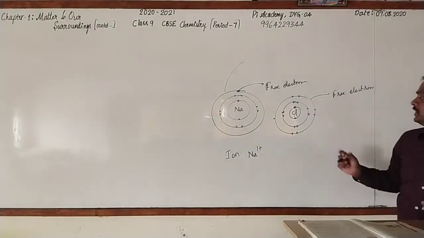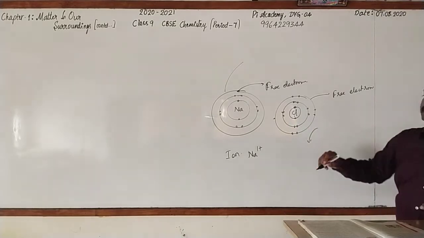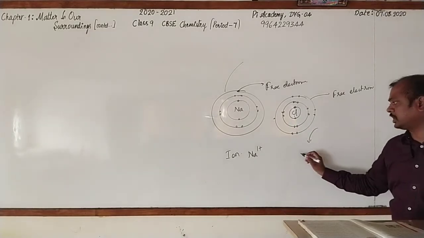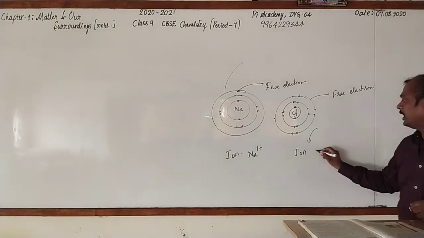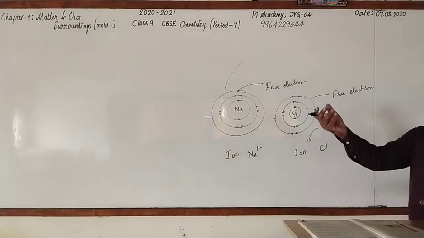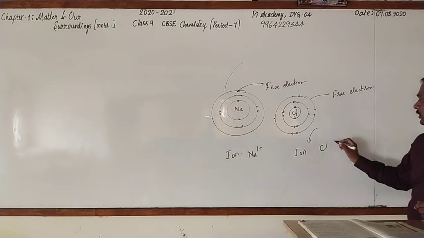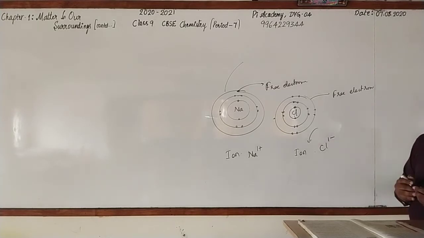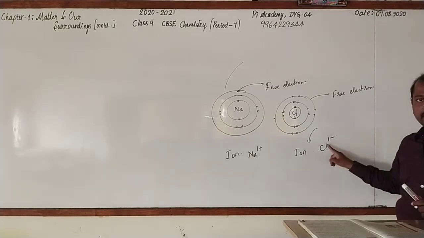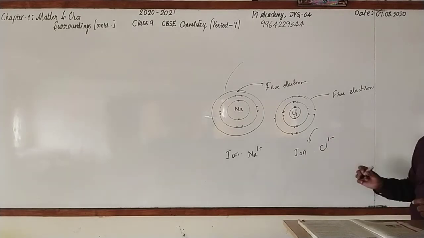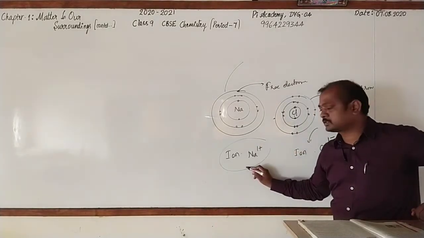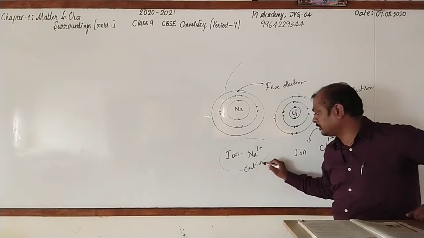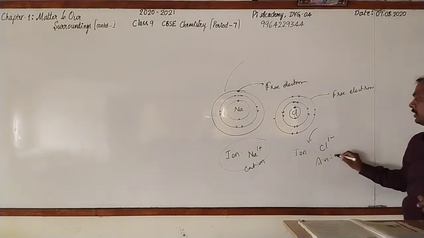Hence, it receives the electron. When it receives the electron, again it gets charged, and we again call this an ion. As it has gained 1 electron, we write it as Cl-, a negatively charged ion. This negatively charged ion is called an anion. A positively charged ion is called a cation. And this is an ion.